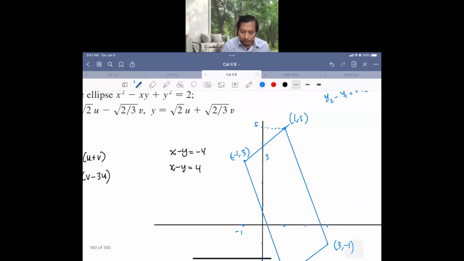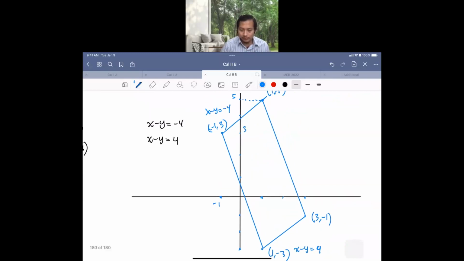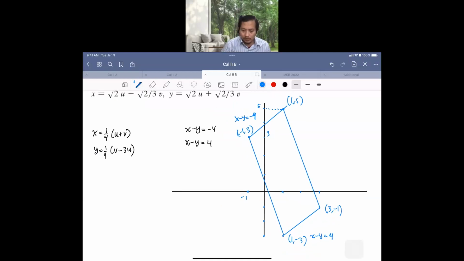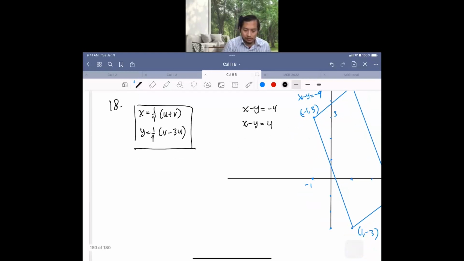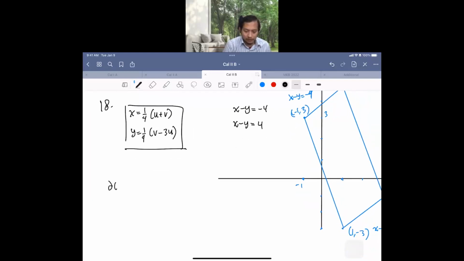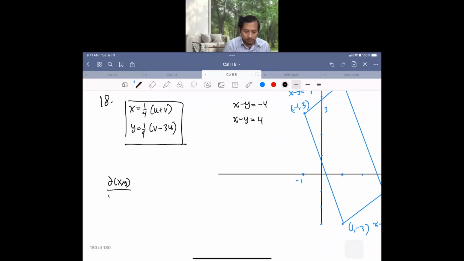Yeah, this is x minus y equals negative 4, and x minus y equals 4. Okay, and then we have these relations. Probably we can take the Jacobian first, and then later we see the connection with the lines here.